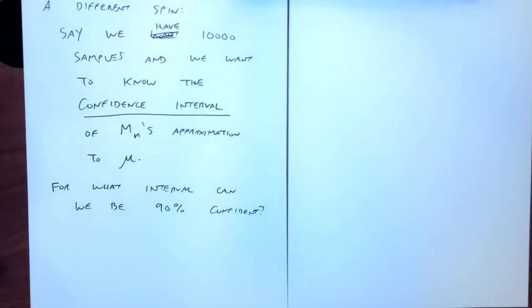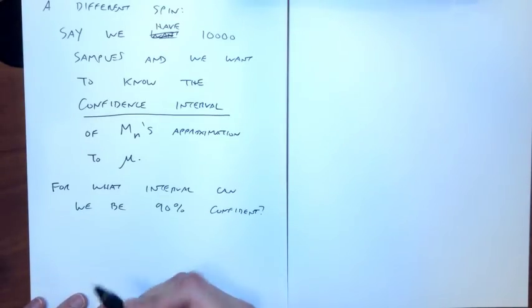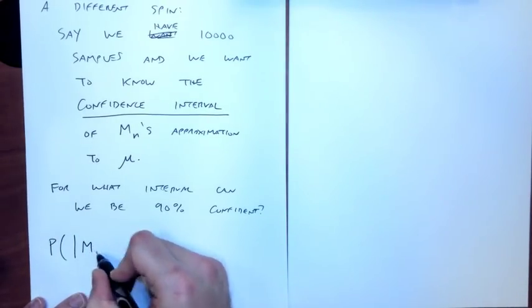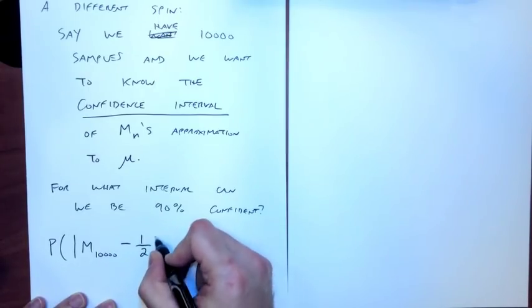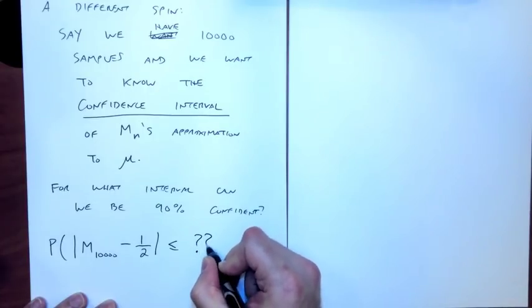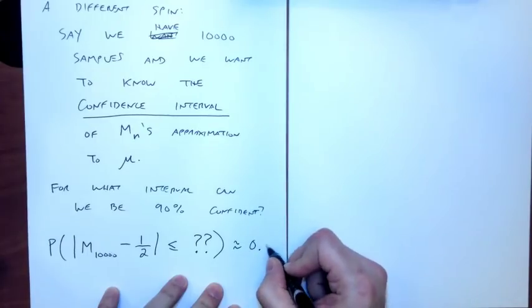Again, you have to work backwards and think about what is known and what is not known. That's like saying I want the probability of M_10,000 minus a half to be within something here to be 90%, right?